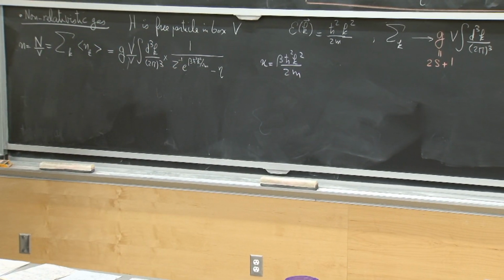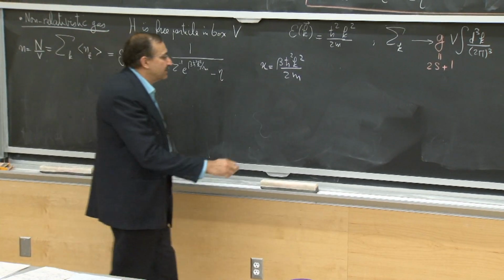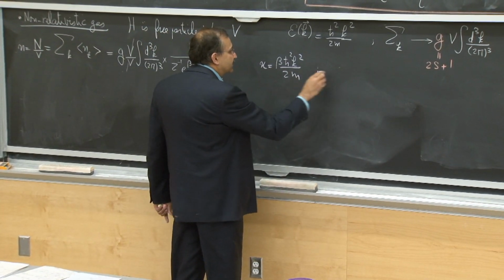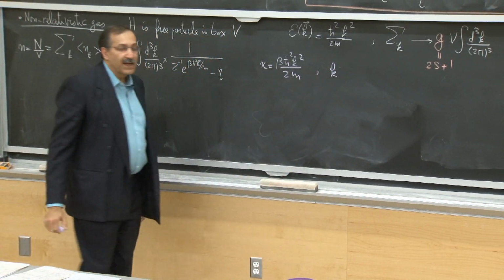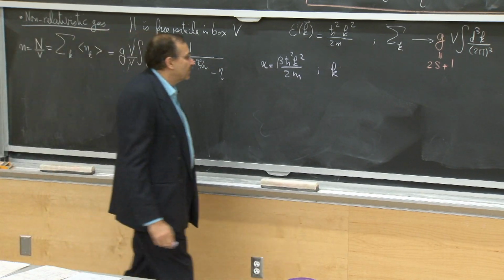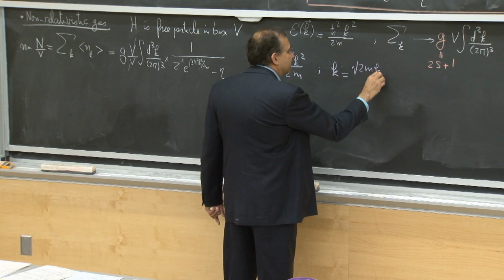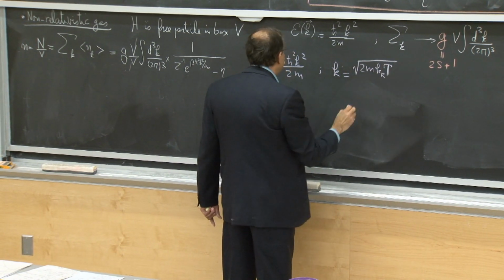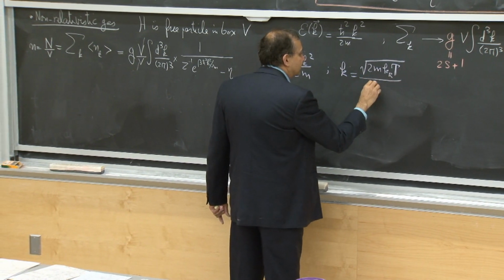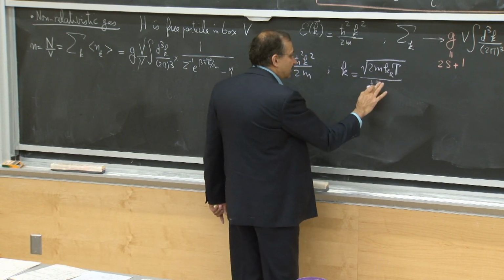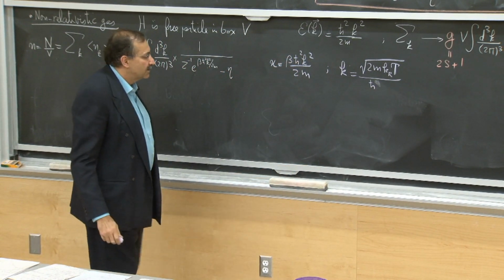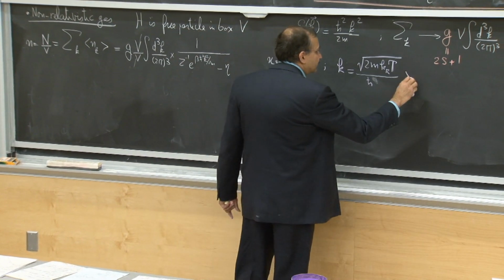So I have changed variables from k to x. k in terms of x is simply the square root of 2m inverse of beta, which is kT, divided by h bar squared. But I took a square root, so it's just h bar times x to the 1/2.